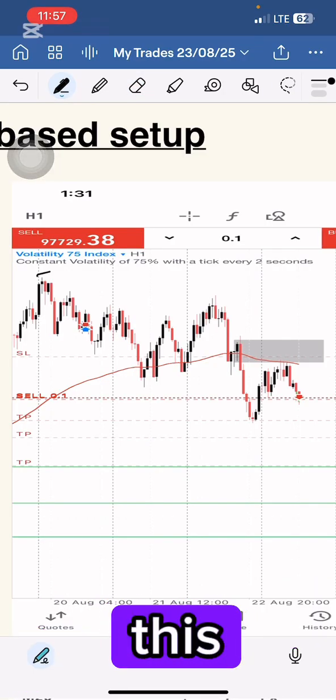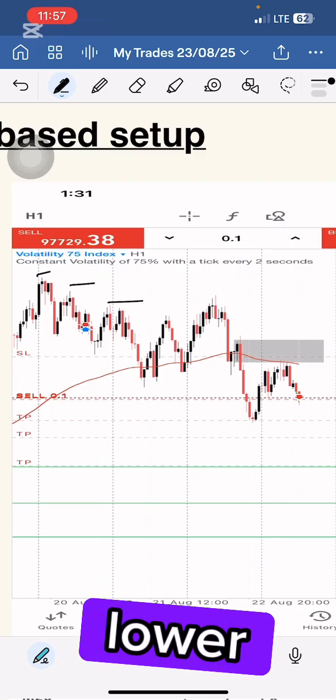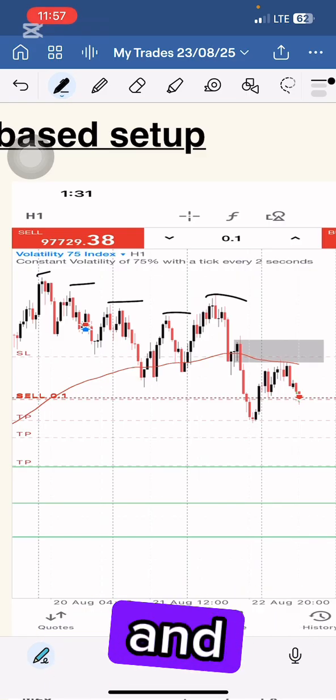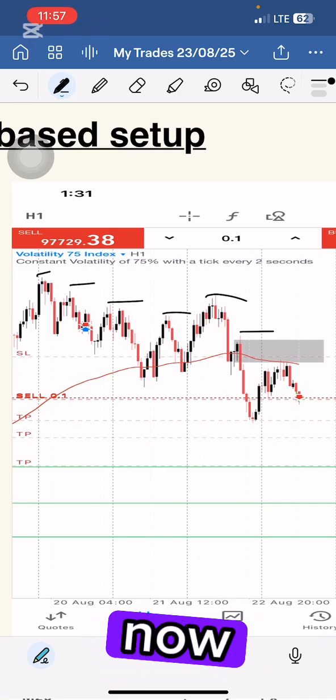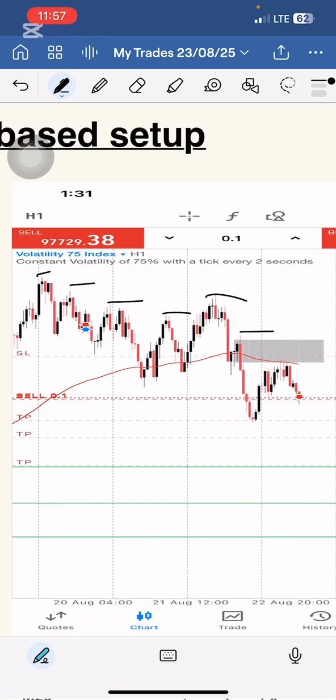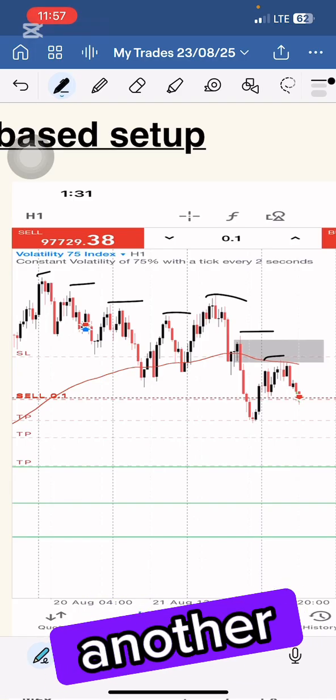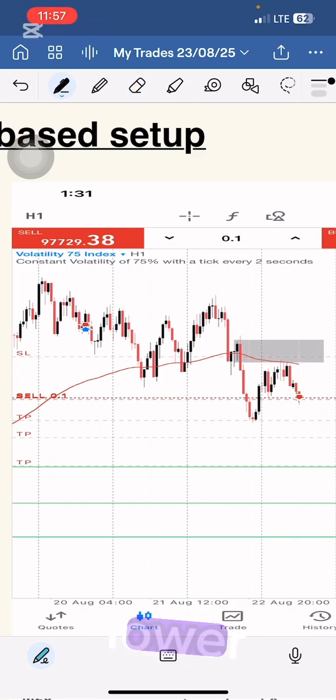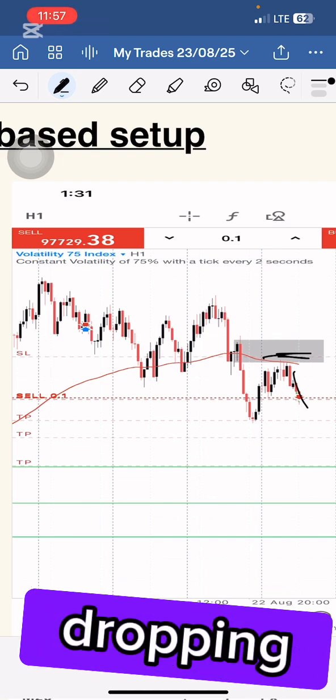Look at it here. Had this low, lower low, lower low, lower low. This was a sweep of liquidity. Then another lower low here. Then price gave us another lower high here, right? So we had price form a lower high right here, and then started dropping.